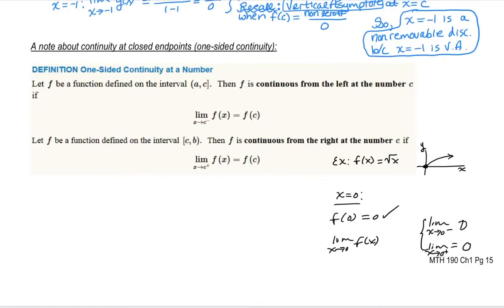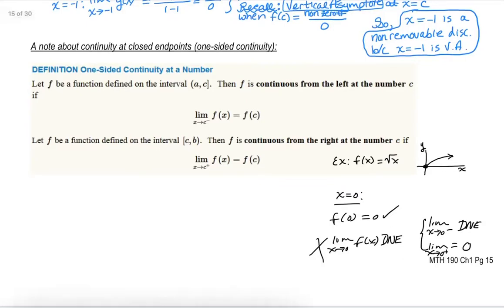But there is no limit from the left. The function doesn't exist left of 0, so the overall limit wouldn't exist, and it would fail continuity at step 2. But that just seems wrong, because the function starts at 0 and we just draw from there after.